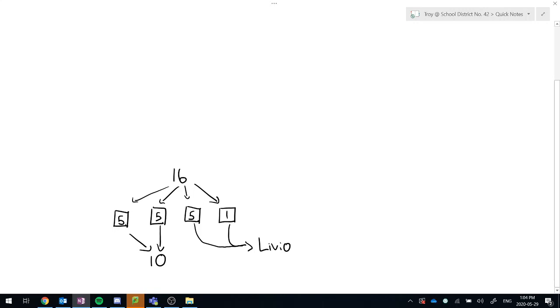Okay, so before Livio, we had Lucy. And Lucy had 3 equal piles, but she kept one of them, which means this 16 was created using that pile and that pile.